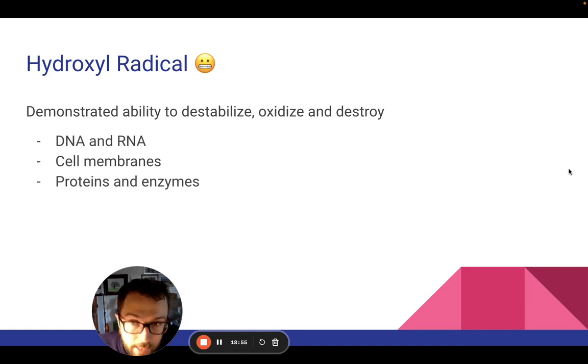Bodily harm like DNA and RNA deconstruction, mutations. It breaks up and destabilizes cell membranes. It tears apart proteins, enzymes, and it is, I'm trying to think of the right word for it. Nondescript. It is indiscriminate. Just indiscriminate destruction. Okay? Anything in its place, it's getting rid of.